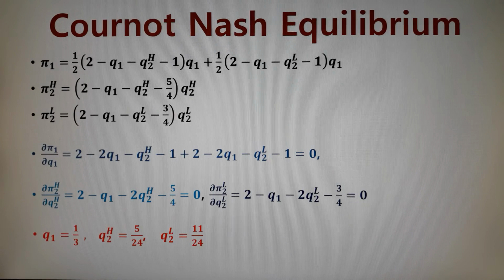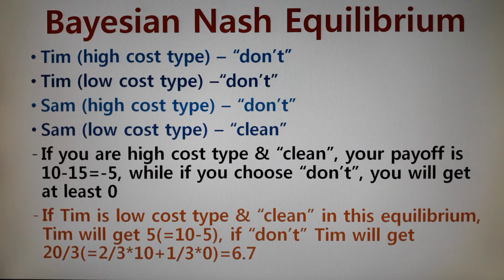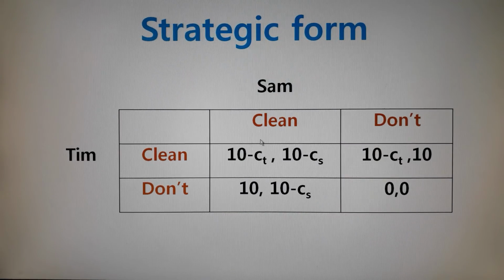I wonder if you have noticed, my example was Cournot competition, where the first company and second company choose Q1, Q2 simultaneously. In the cleaning-the-room game, Tim and Sam choose simultaneously whether they will clean or not. If it's not simultaneous, Tim would wait until Sam cleans.